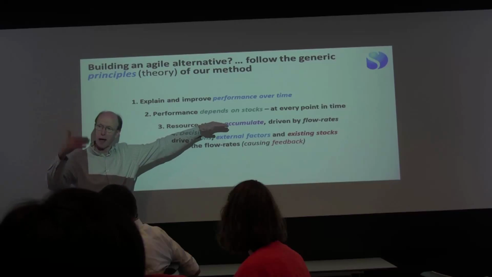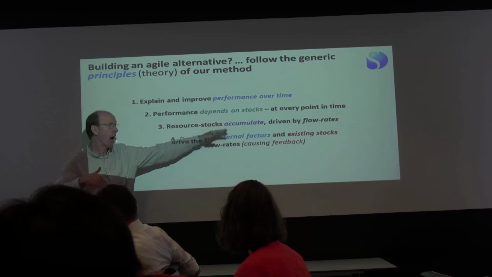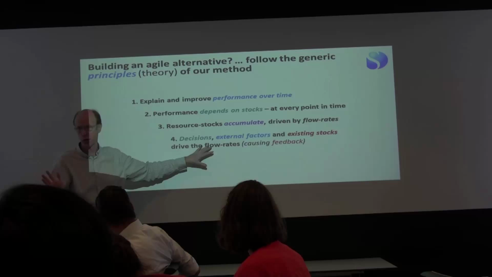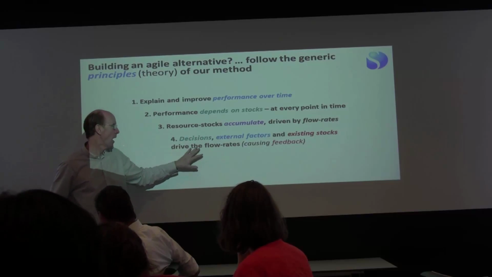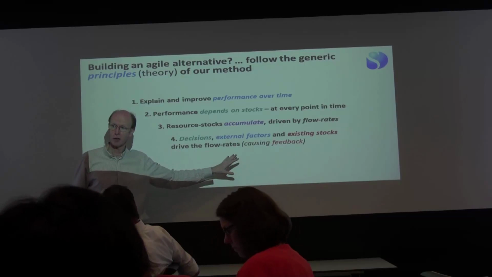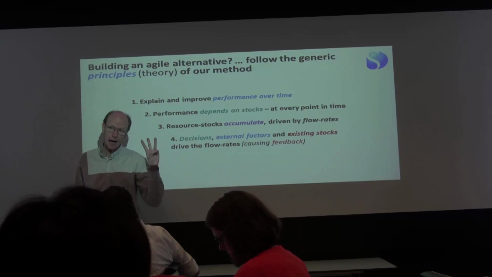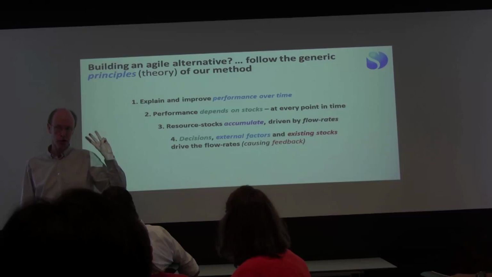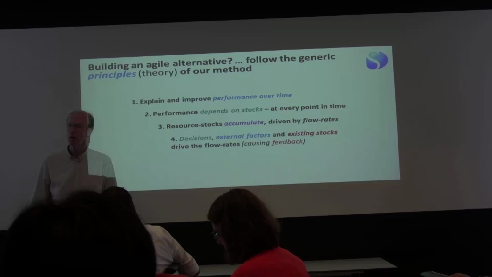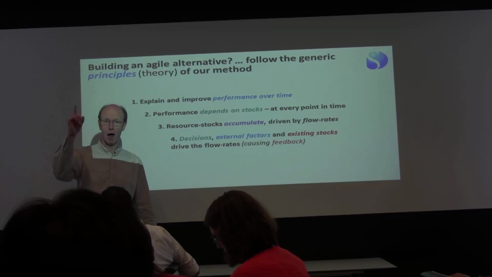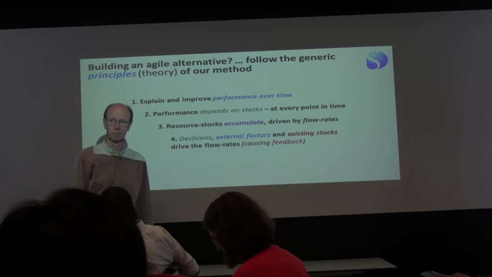So now we want to explain the flows, and I've done hundreds of projects, right? My students have done thousands of projects more. In all of those cases, I can only find 3 categories of thing that determine what the flow rate is going to be. Thing number 1 is our decisions. I decide to hire faculty.